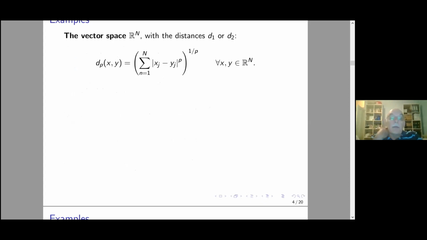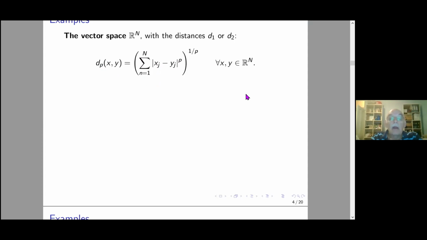If I just take the usual space of vectors Rn, then I can put different distances on it. I can have a distance that's d1, or a distance that's d2, or even a distance that's dp, where p is a parameter, and I add up the modulus of the distance between the different coordinates to the pth power, and then I take the pth root.